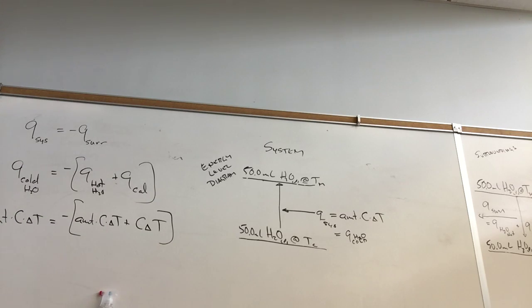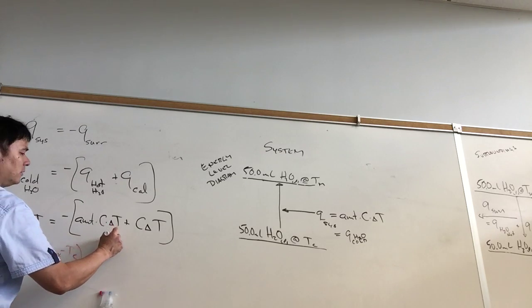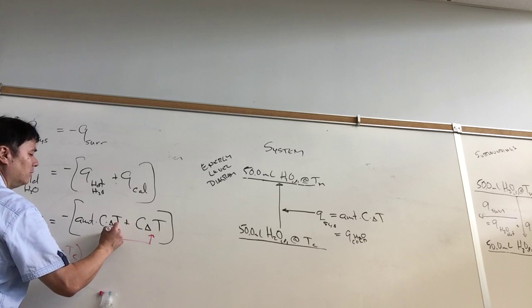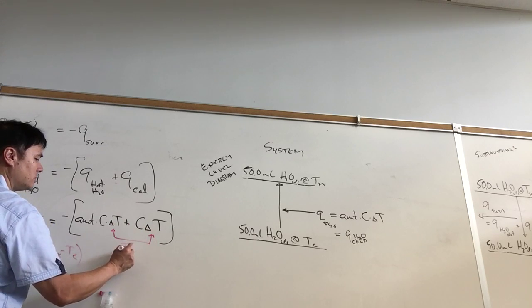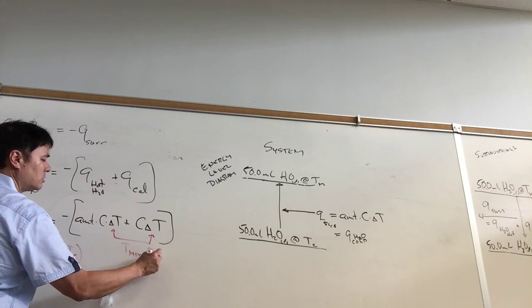So we pretty much know what C is. C, most people have this memorized, 4.18 joules per gram degree C. Delta T for the cold is T final, which is T mix, minus T initial, which is T cold. Delta T for the hot here is going to be T final, which is T mix, minus T initial, which is T hot.